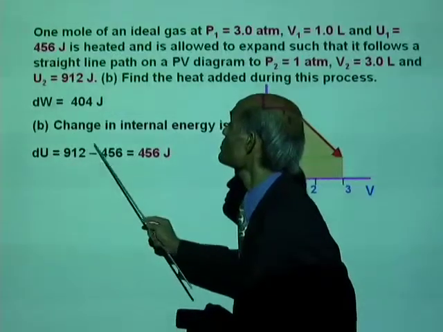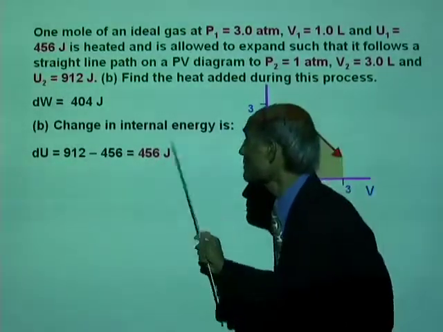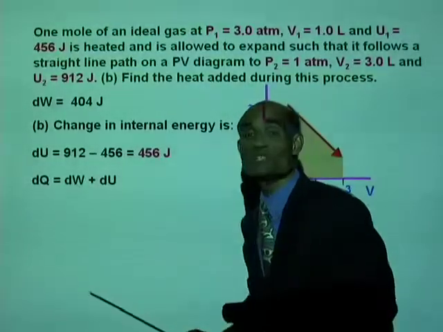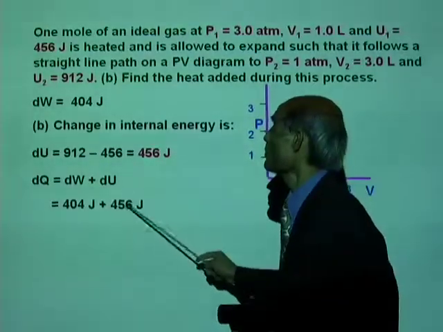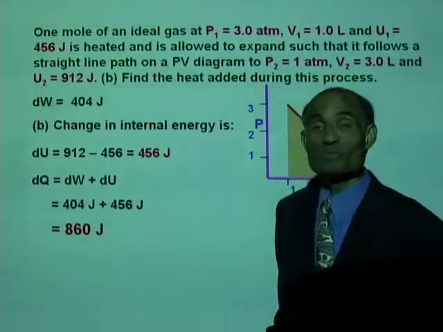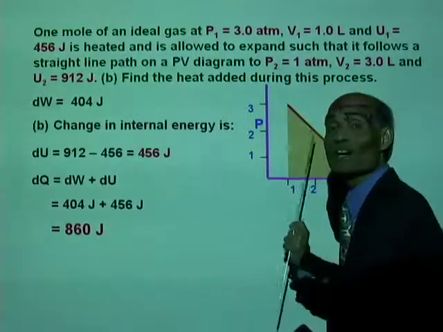That is 912 minus 456. That is 456 joules. Therefore, dQ equal to dW plus dU. That will be 404 plus 456, 860 joules. You can see the same quantities, although the parts were different.